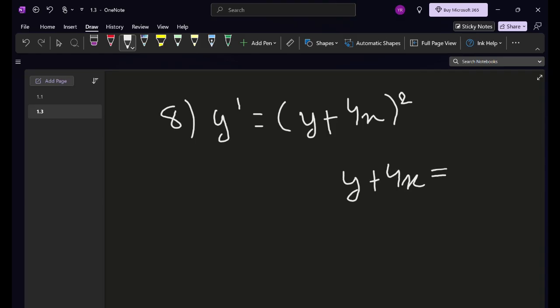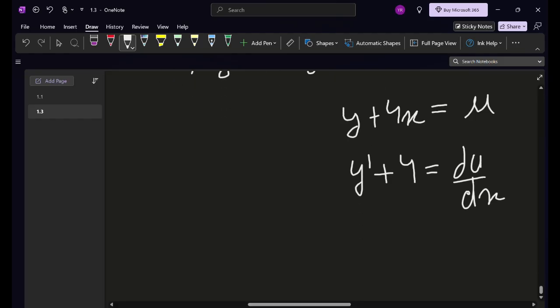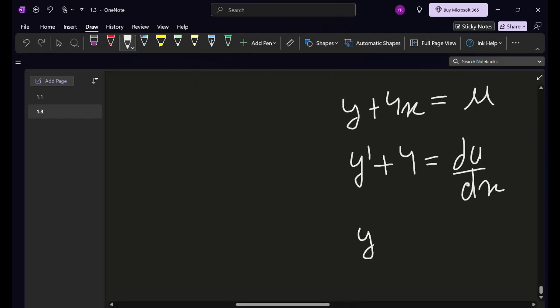We're just gonna take it as u, and this can then be written as, by differentiating, y dash plus 4 is equal to du by dx, which can be further written as y dash is equal to du by dx minus 4.